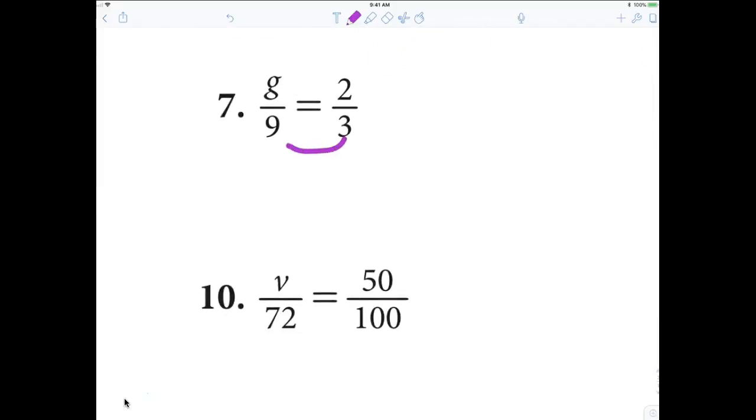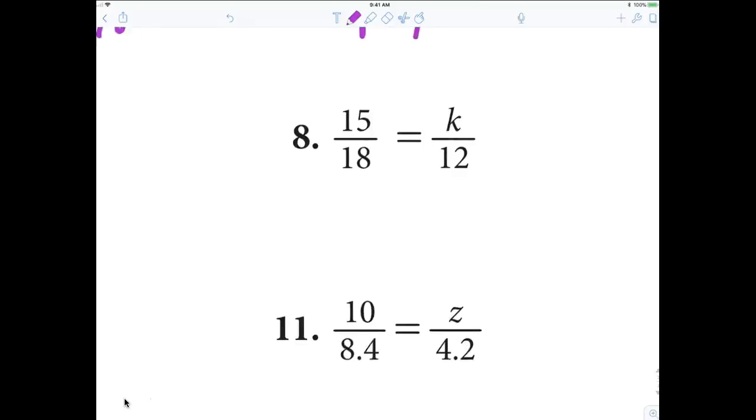From 3 to 9, I had to do what? Multiply by 3. So G is equal to 6. You guys okay with that? Does everybody understand what I'm saying? Tomorrow when I look at your work, I'm not accepting just the answers. All right, you have to tell me how you got the answer.